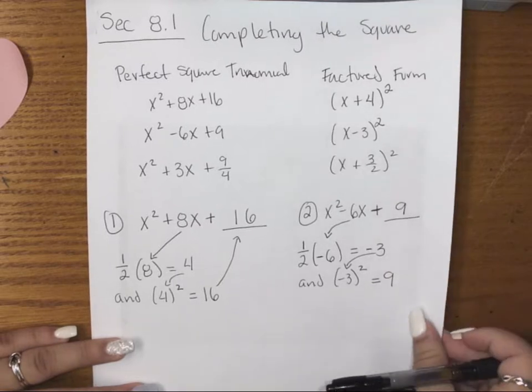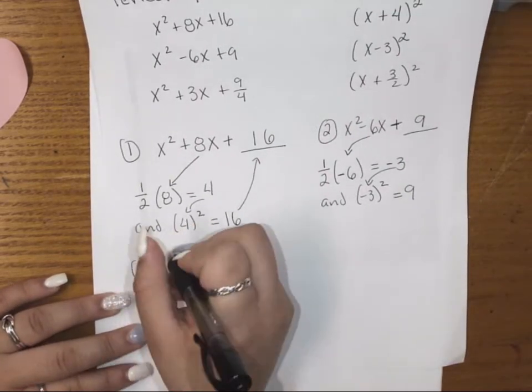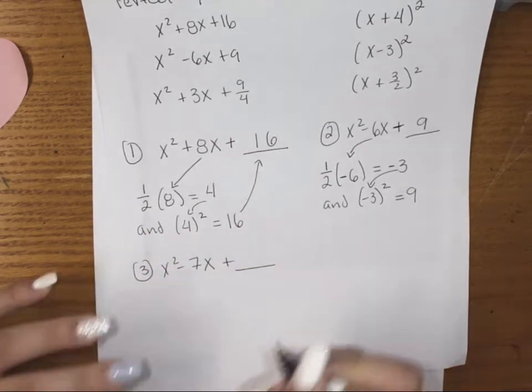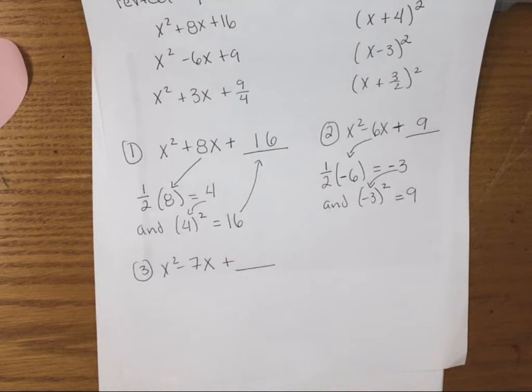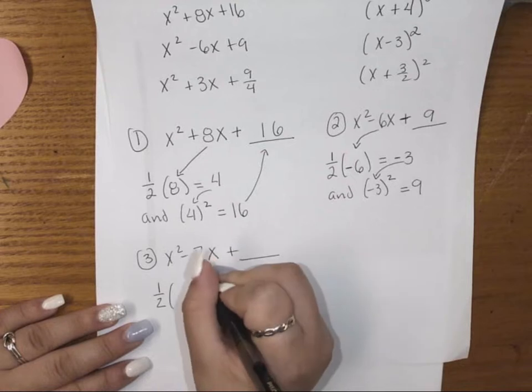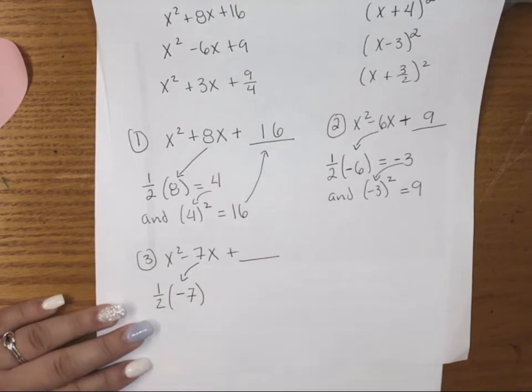Let's do one more like this. If we want to complete this trinomial to make it a perfect square trinomial, let's say we have x squared minus 7x. We have to take half of the number in front of x, so in this case, we're dealing with negative 7.